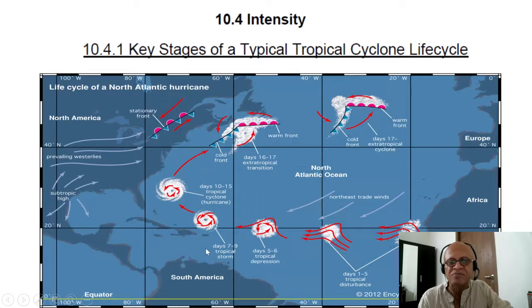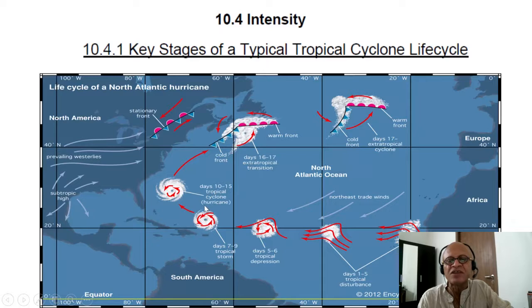By the time it becomes a tropical storm, it's got a nice structure already with this counterclockwise rotation. The bands, the eye, and so on are well formed, not always so well formed, but nonetheless a tropical storm is uniformly defined with speeds of greater than 17 meters per second.